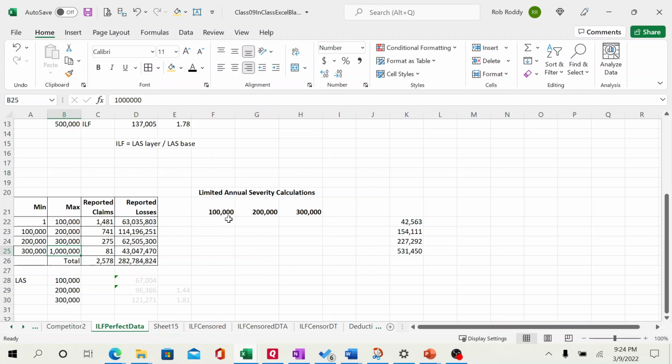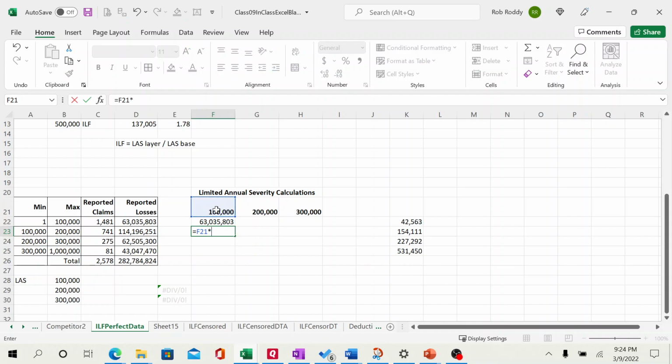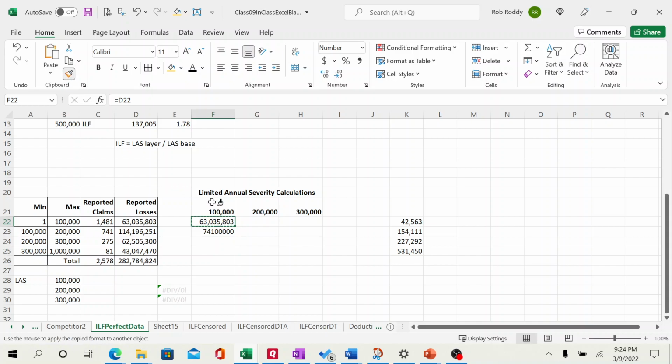So let's go over the same calculation. I'm going to go over these a little bit more quickly for the sake of time. Our limited annual severity: what losses fall into this layer, the 0 to 100? Any losses fall into 100,000, all of them again, right? What losses fall into the $100,000 layer here? 100,000 times the number of claims, because anything else is excess.